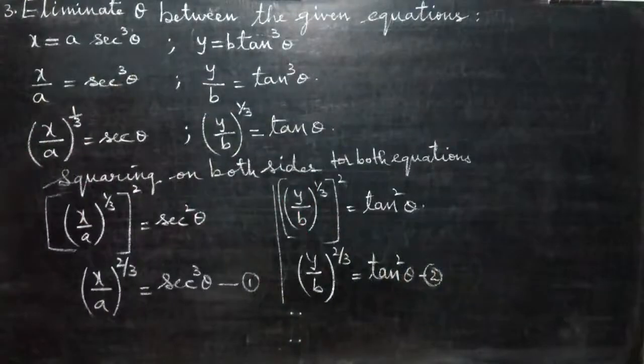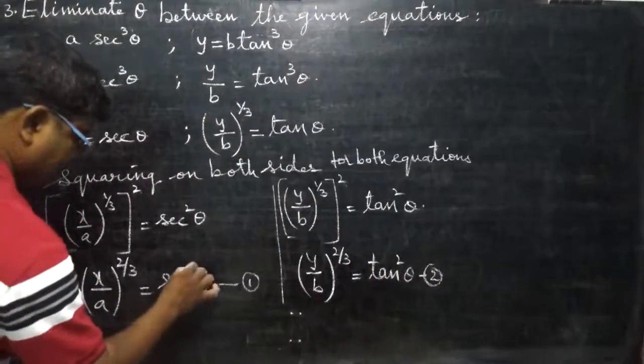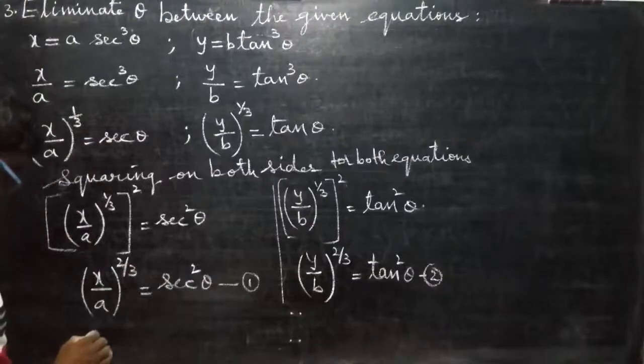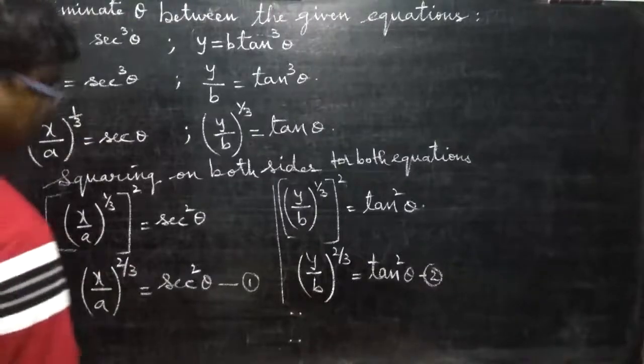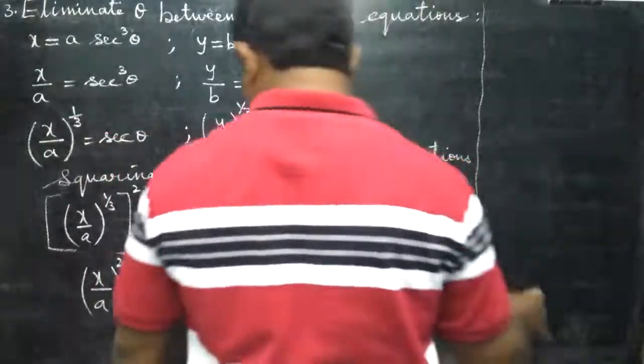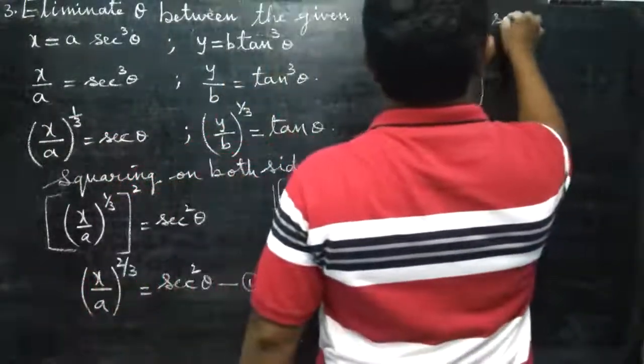Now here we have squares. We have to do addition or subtraction. You have to get that idea. Why? Equation 2 minus equation 1. Subtract, then you will get the answer clearly, because sec square theta minus tan square theta is an identity.